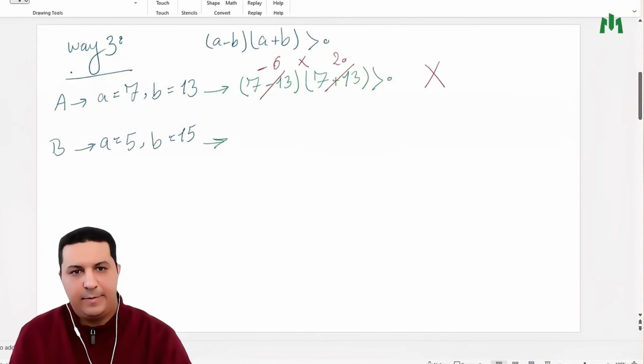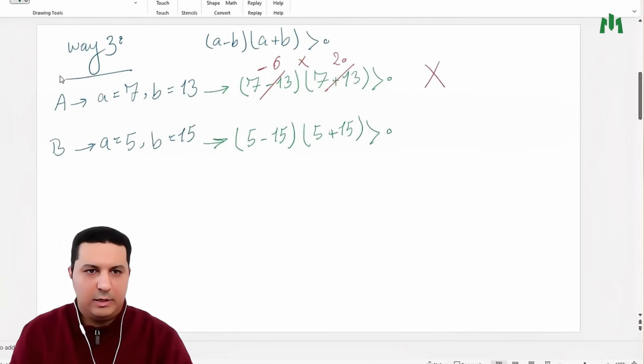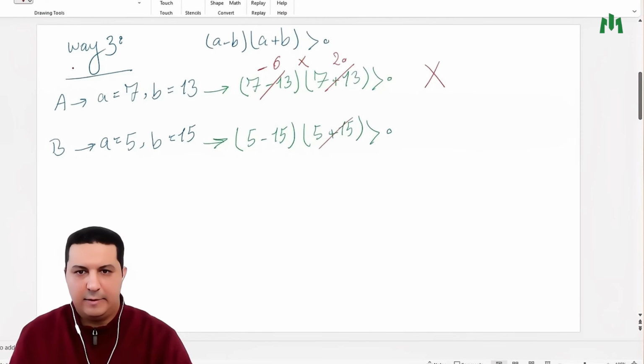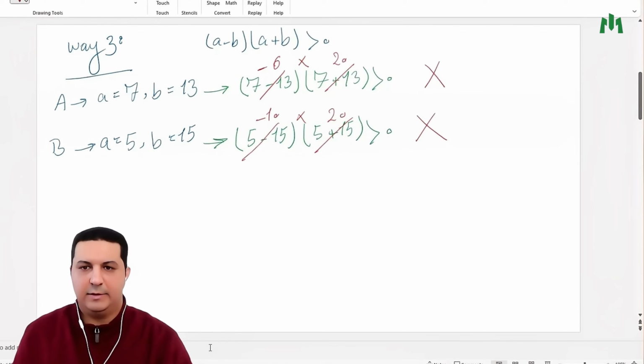Again it is 5 minus 15 and 5 plus 15. We are going to see whether this number is positive or not. It is very clear that this is negative, because this is 20, here we have multiple, and this part is minus 10. So this is negative. It is not positive, so it is not the answer.